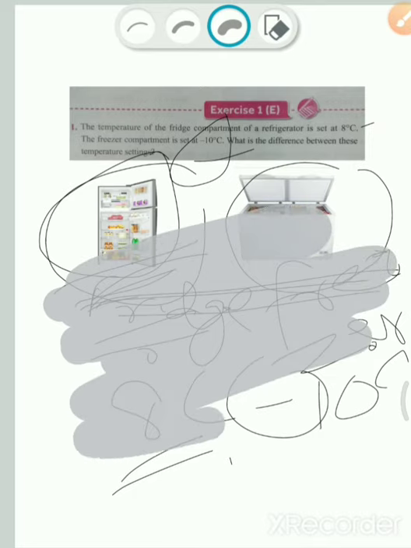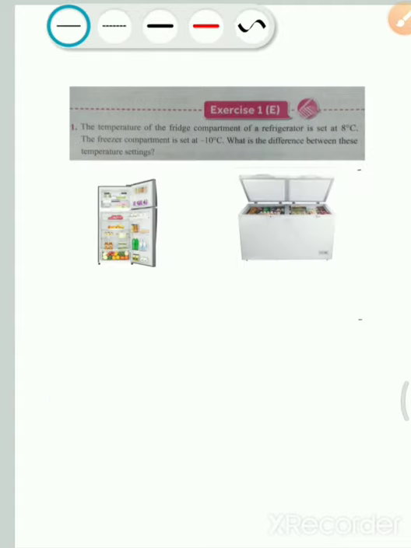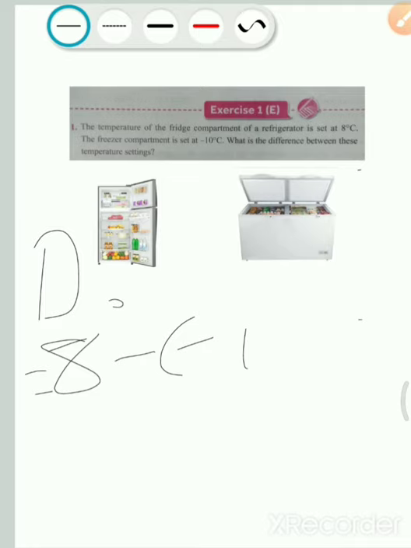So difference means what, student? What do you know? What does difference mean? Difference means generally minus. Yes or no? Okay, so according to your question, freeze is set at 8 degrees Celsius, and you need to find the difference. So difference is equal to 8 degrees Celsius minus your freezer, minus 10 degrees Celsius.